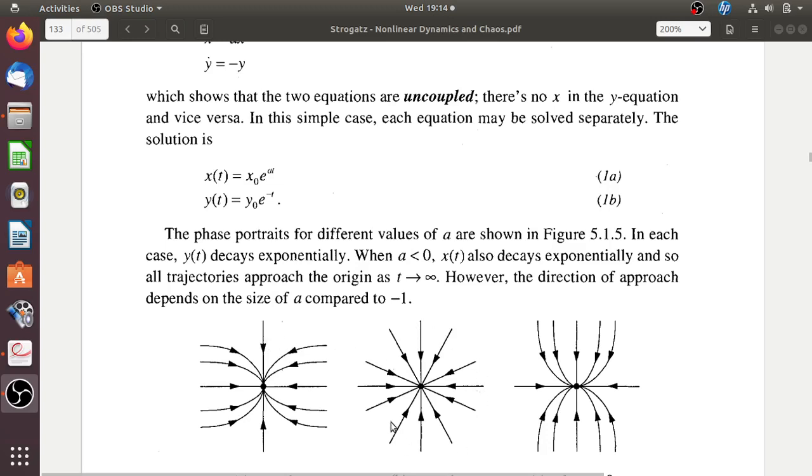But if you see here, this is a special case where a is equal to -1. At that time all the trajectories are straight lines. So why are the trajectories straight lines? The trajectories are straight lines because the decaying rate, so here in this case it's decaying, for both x and y is the same.